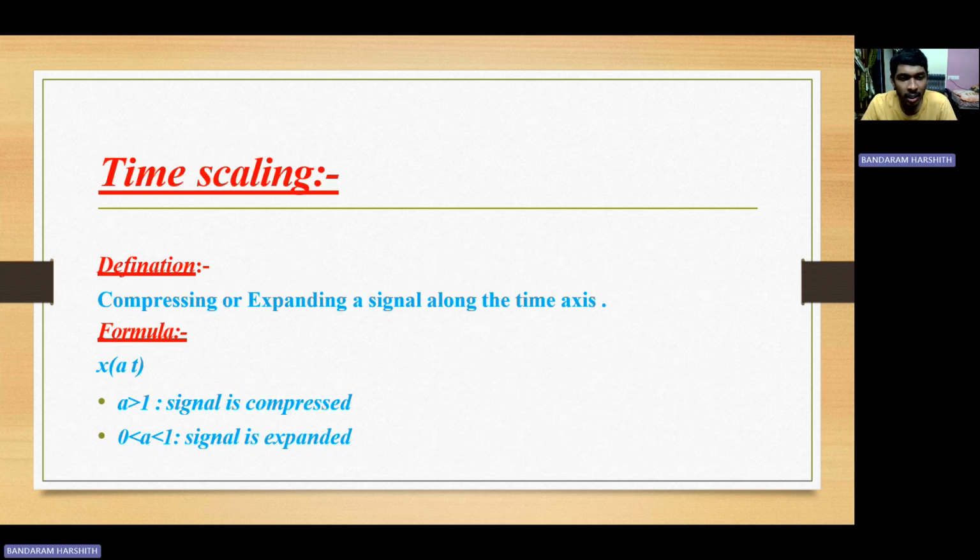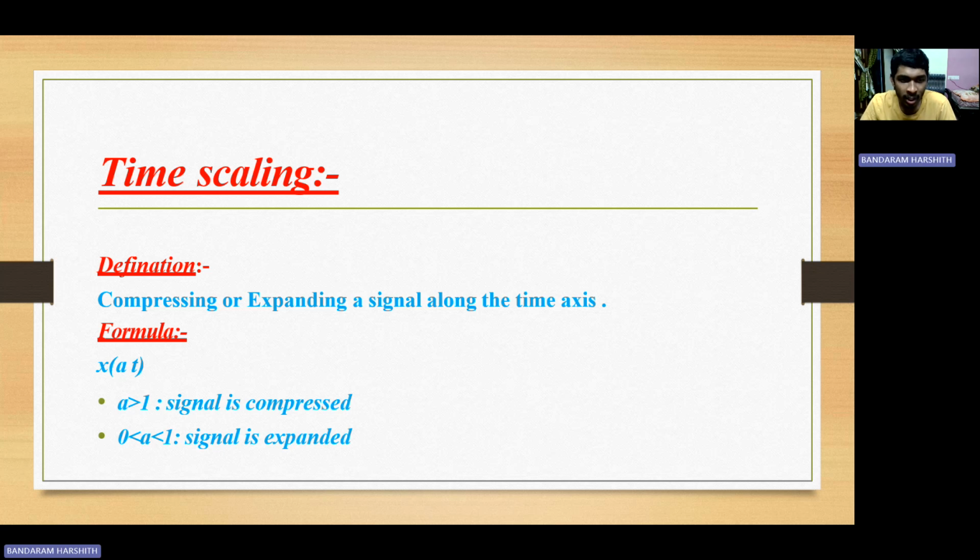Now let's discuss another operation which we apply on signals, that is time scaling. Now let's discuss the definition. Time scaling is compressing or expanding a signal along the time axis.